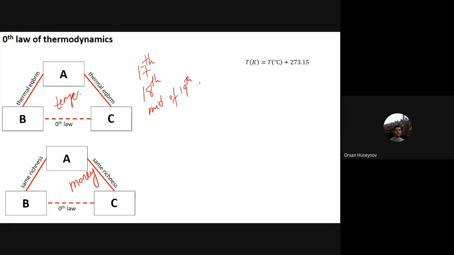Okay? So from the 1850s, we can say that people started to study statistical thermodynamics, and therefore classical and statistical thermodynamics give the same results, but the definitions are different.